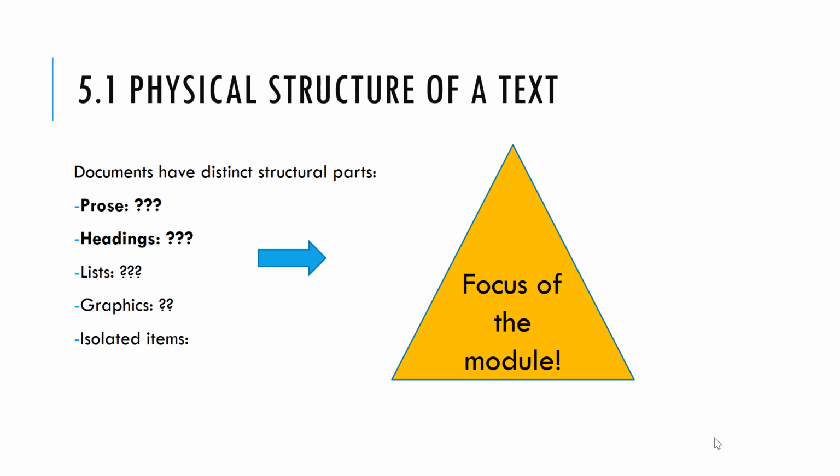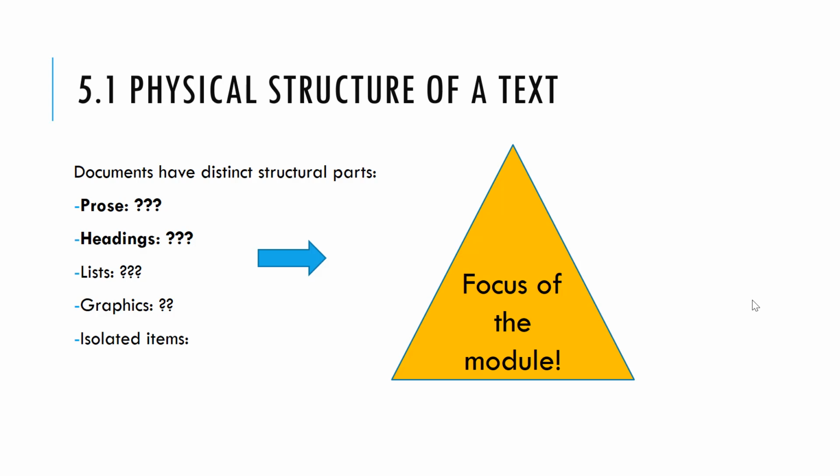Documents typically have several distinct structural parts. First, prose, or a continuous sequence of sentences and paragraphs. Words in a text may be clickable, that is, linked electronically to other parts of the text or even to other texts.